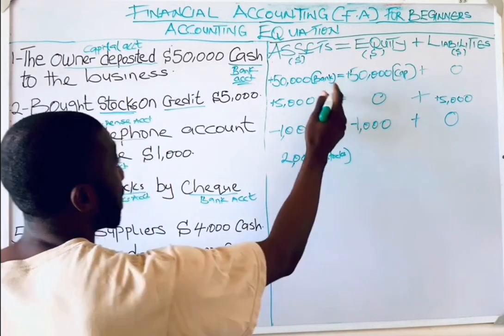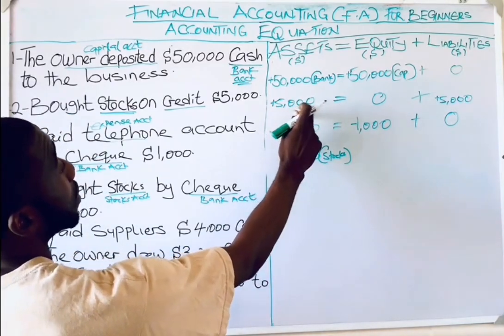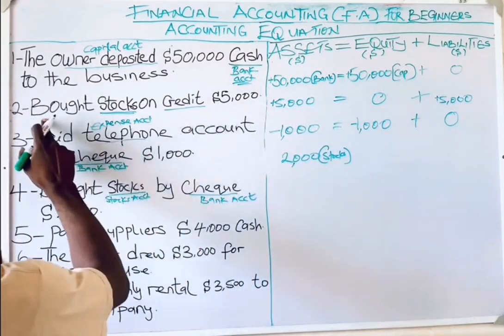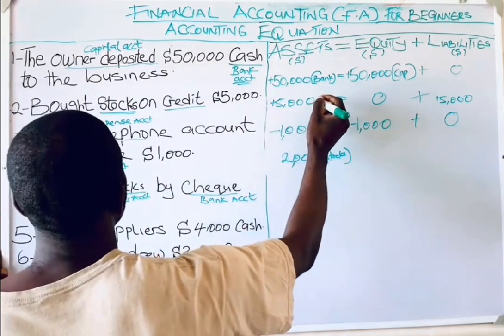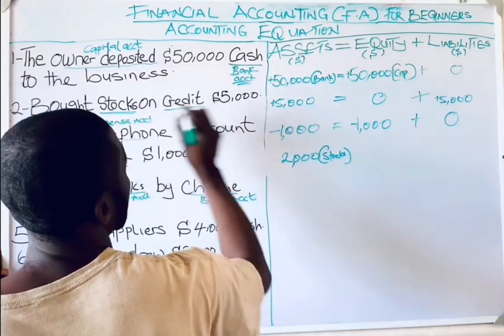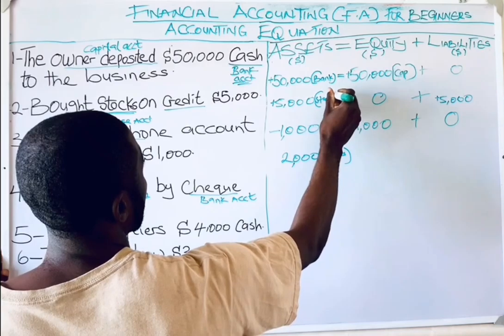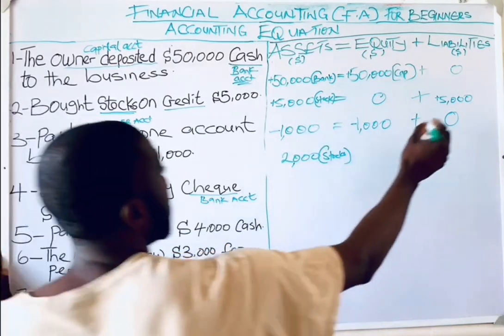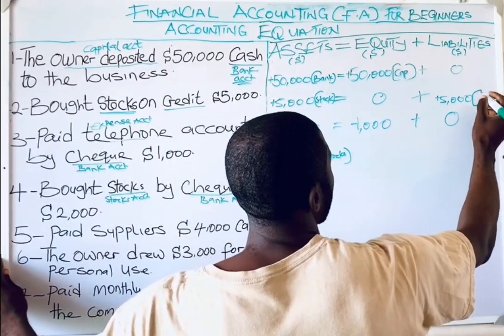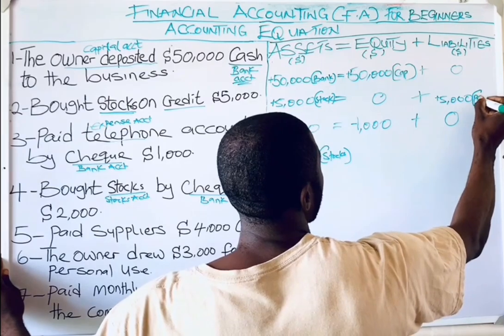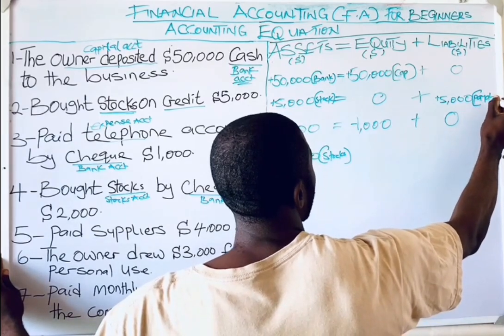I could not put the narrations here. This question, transaction 2, it is stocks. The narration is stock. You can put it stocks. And here is payables, what you will pay.